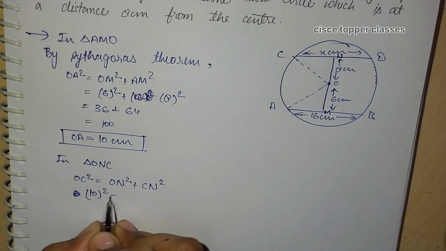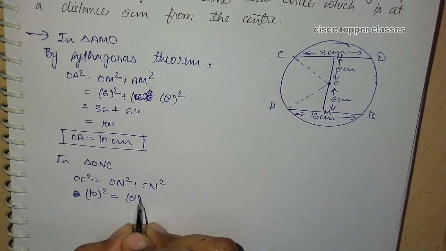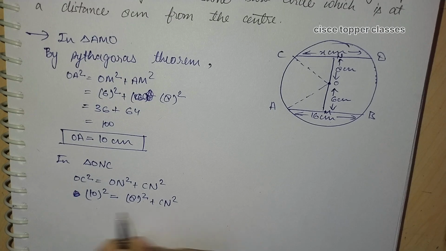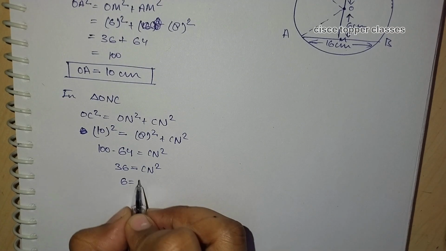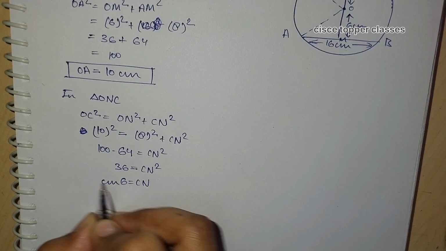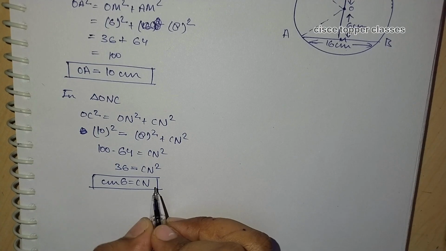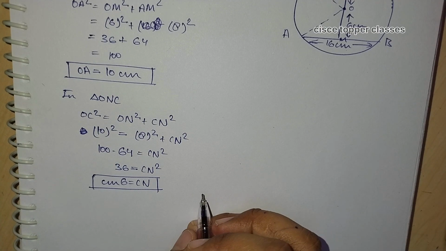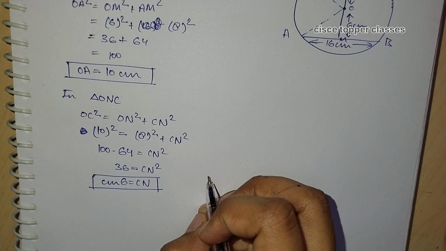So 10 whole square is equal to ON, which is 8, whole square plus CN square, means 100 minus 64 is equal to CN square. This we will write as 36 equals CN square. We will take the square root here. So 6 is equal to CN, means 6 centimeter is the value of CN.